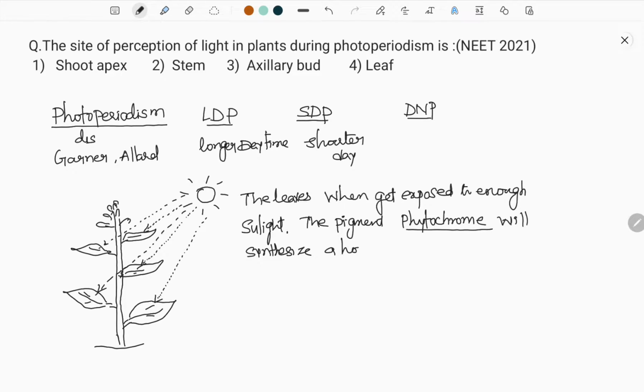What is the name of the hormone? This hormone is called Florigen.